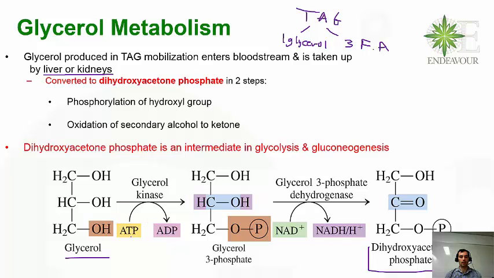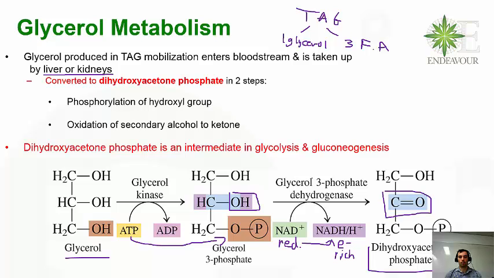So we're taking the phosphate off ATP and adding it onto our glycerol. And the second step is an oxidation, where we're turning our alcohol group into a ketone group. So this is facilitated by the oxidized coenzyme, which is being reduced to the electron-rich version.